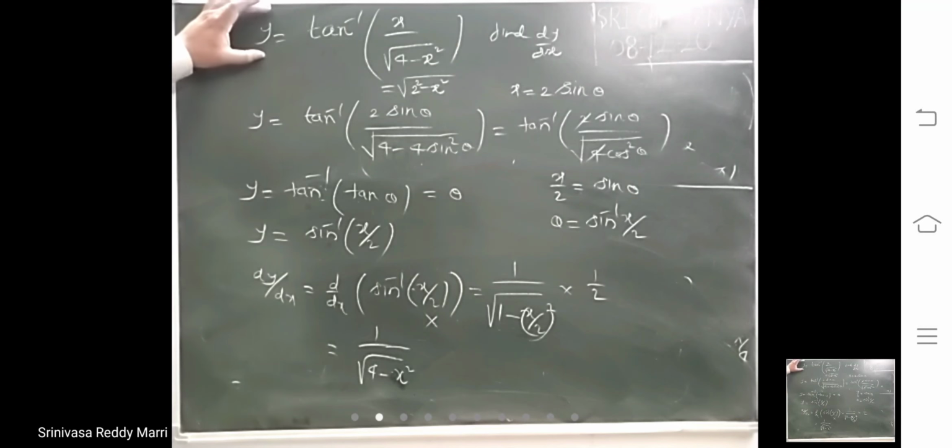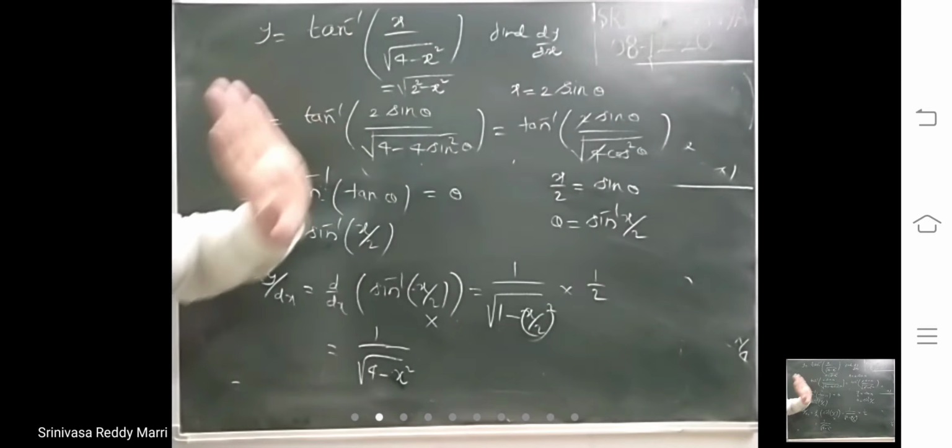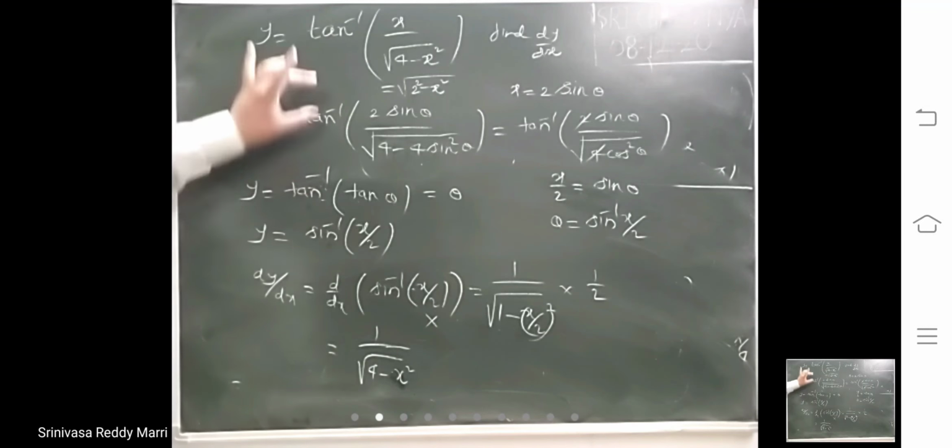So like that it can be simplified by taking this substitution. If root of a square minus x square term is there, you take the substitution either x equal to a sin theta or x equal to a cos theta, any of your choice. So simplify the typical version into a little bit easier version of this function.